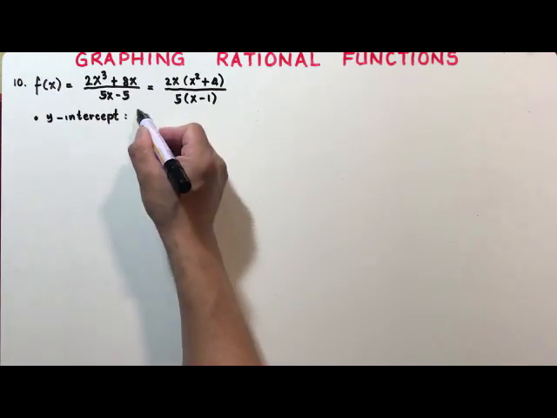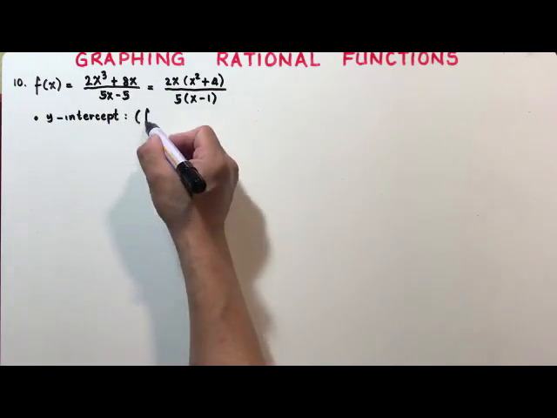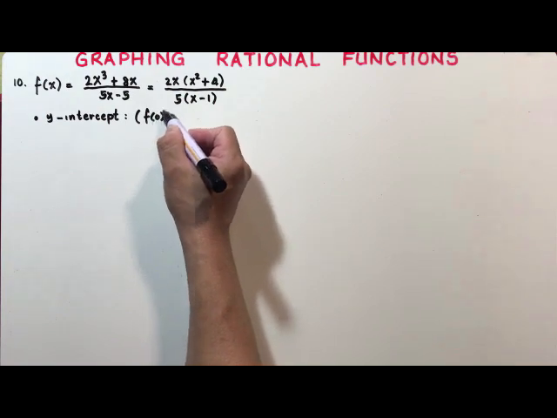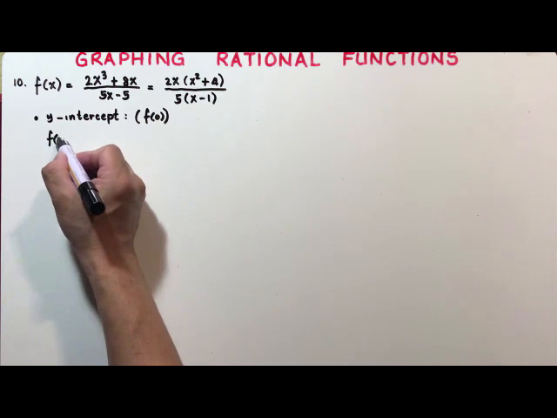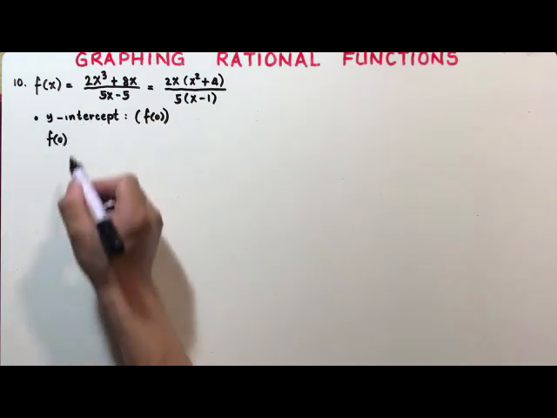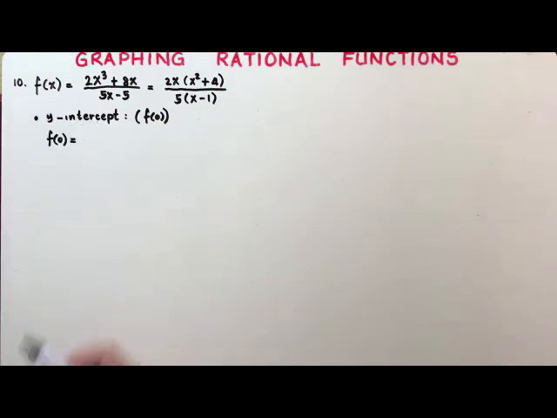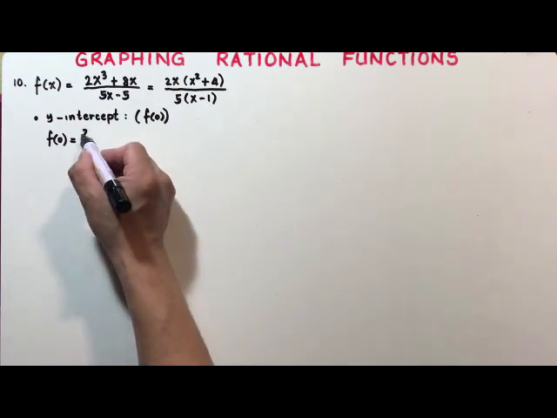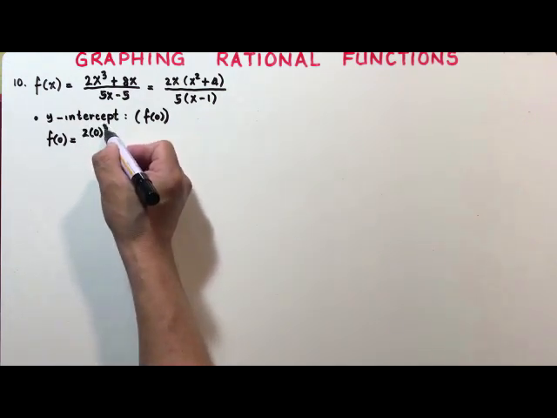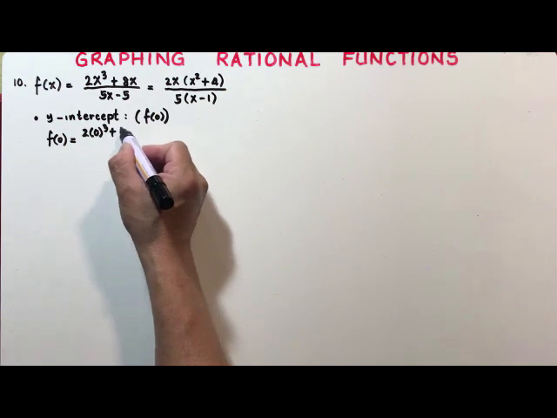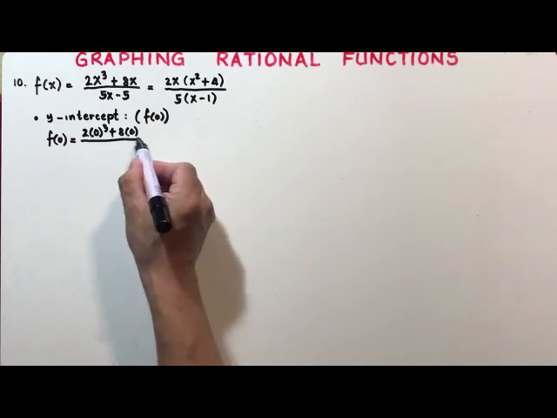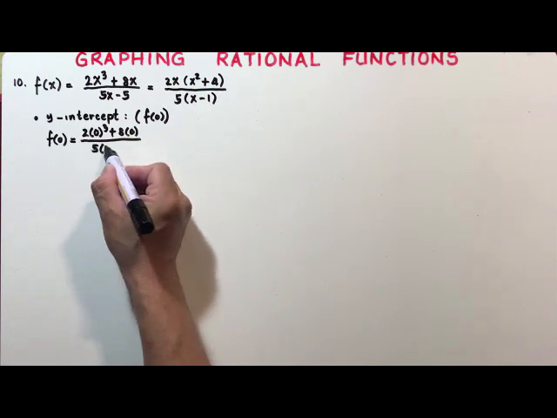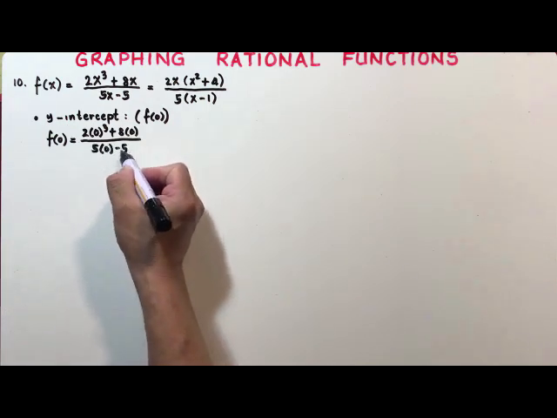And how do you find the y-intercept? By evaluating the function when x is equal to 0. So substituting the value of x to the function, which is 0, we have 2 times 0 cubed here plus 8 times 0 is divided by 5 times 0 minus 5.